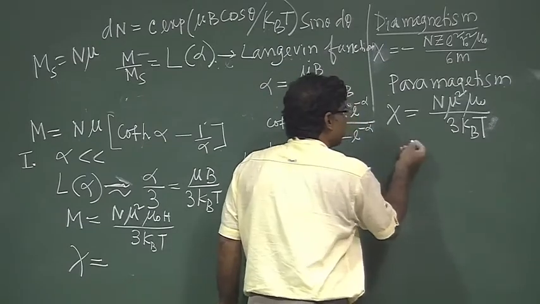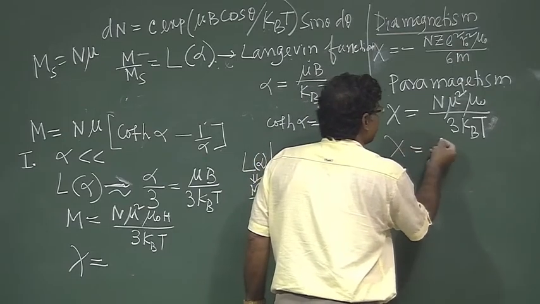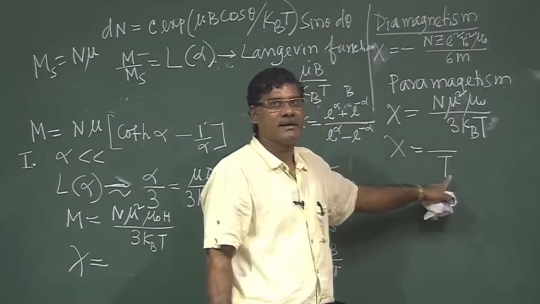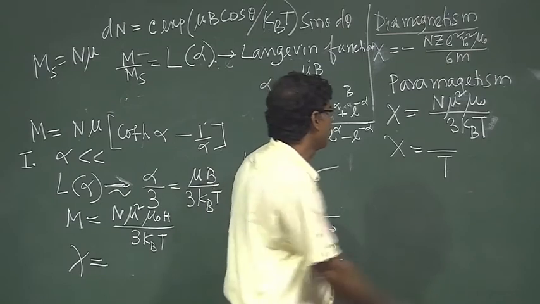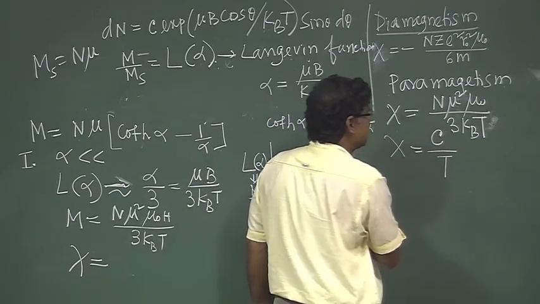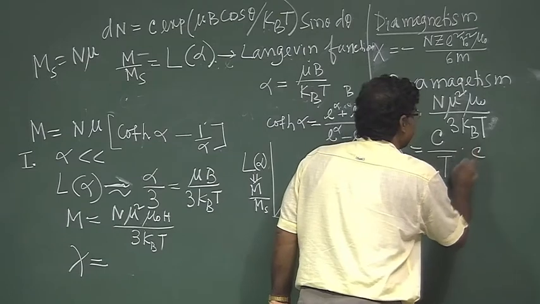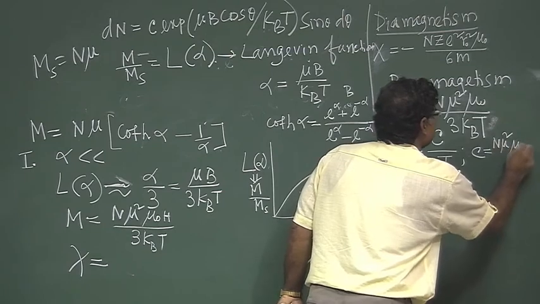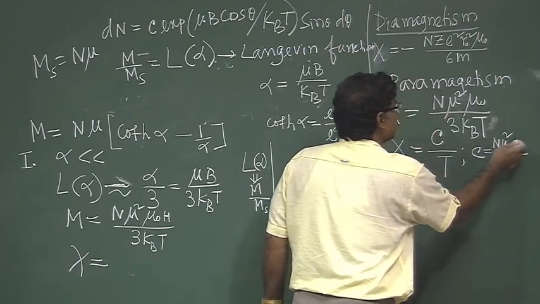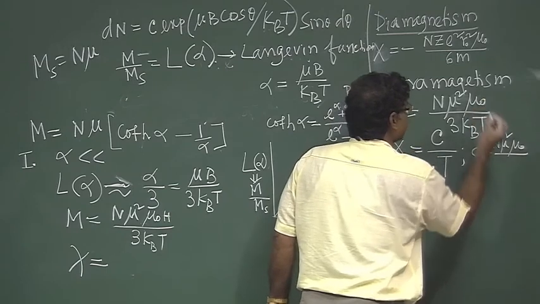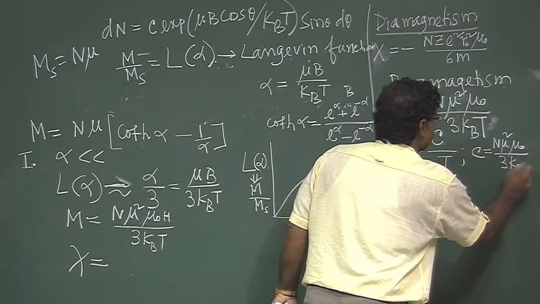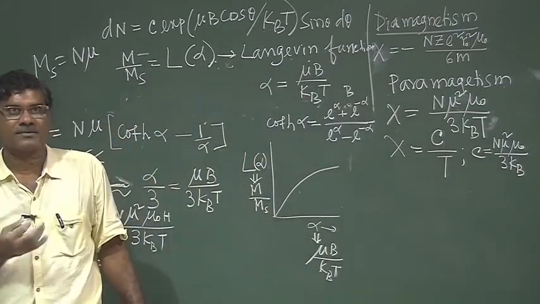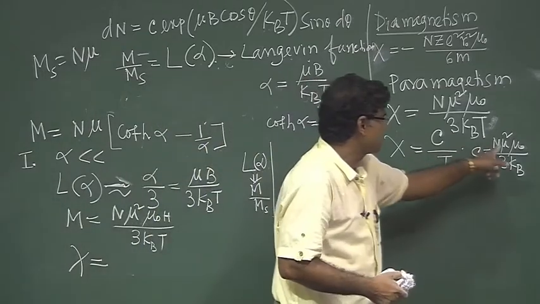How does it depend? Chi is inversely proportional to T, and we write some constant C, where C equals n mu square mu 0, this is the absolute permeability for air, divided by 3 kB. This C is called the Curie constant.